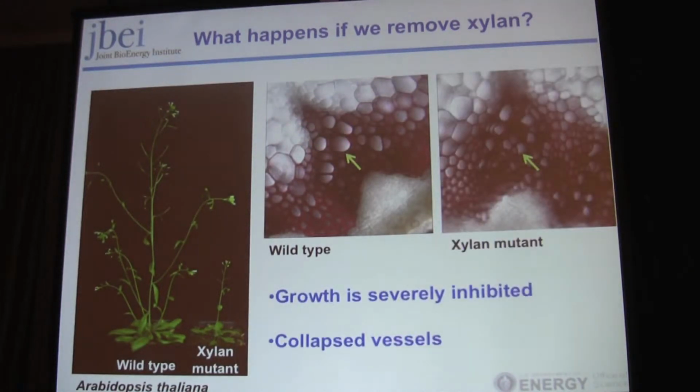In the biosynthesis mutant, they're smaller and more irregularly shaped. And because xylan is important for water and nutrient transport within the plant, the collapsed vessels greatly inhibit the growth.